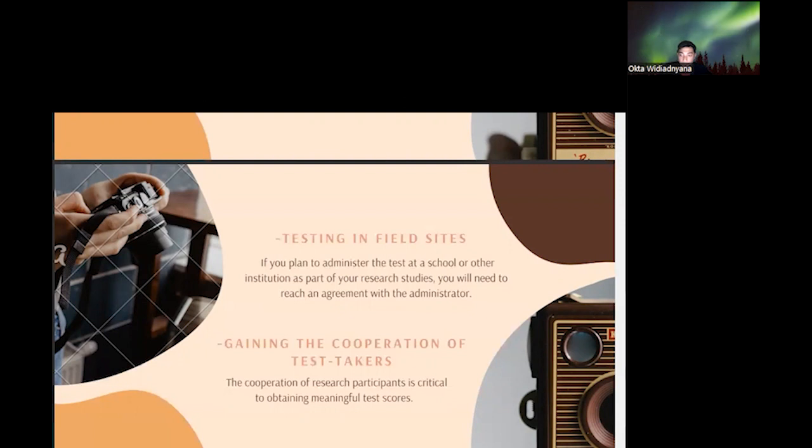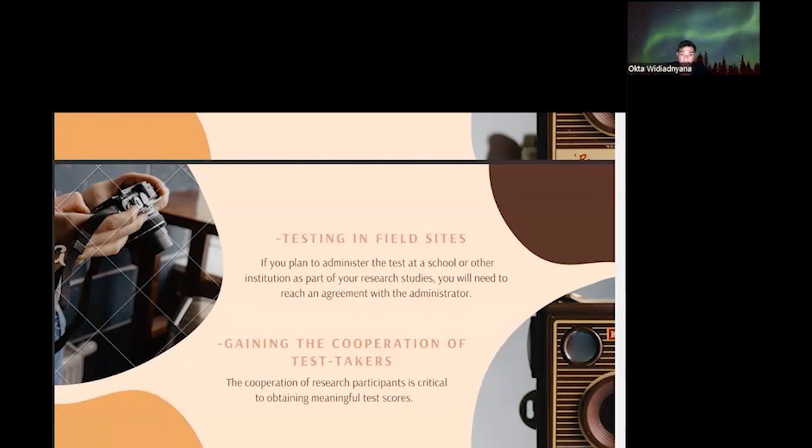Because we have to carefully schedule the test to fit the routines of the institutions. For example, schools usually have a fixed time schedule for their class periods. If testing extends beyond these class periods, it is likely to cause problems for the teacher and also the students.